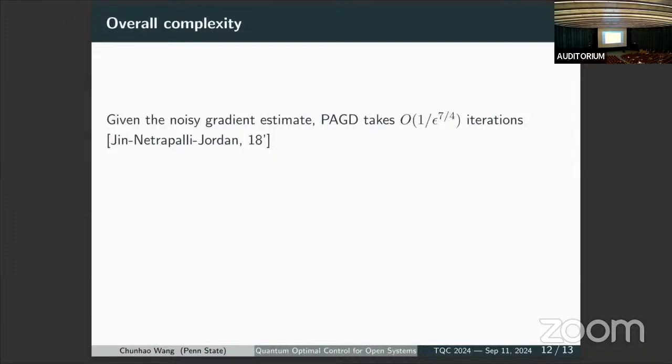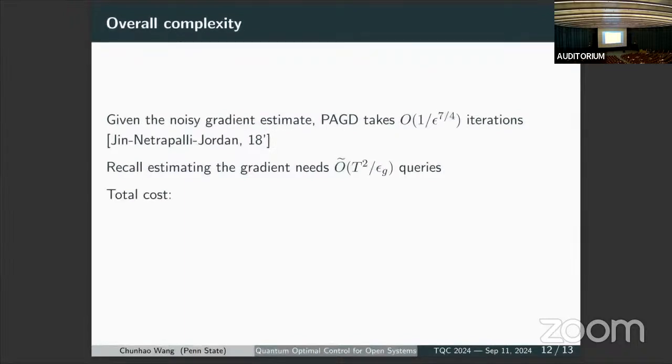Then it comes to this classical optimization. You use perturbed accelerated gradient descent. The classical result says the number of iterations is 1 over epsilon to the 7 over 4. And then recall that estimating the gradient needs this many queries. This epsilon g is the quality of this gradient estimation.